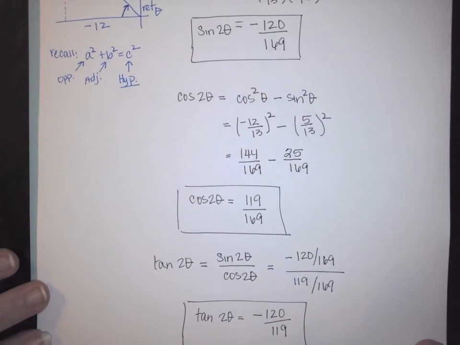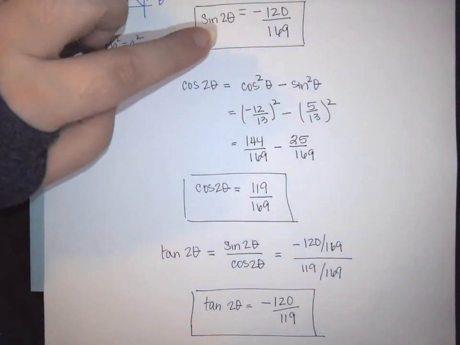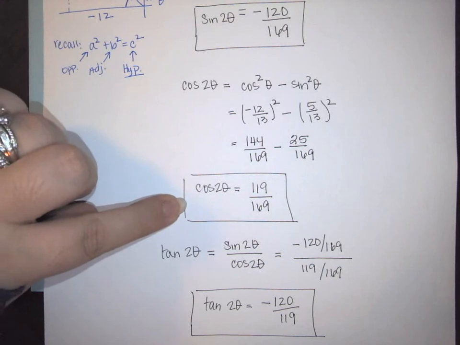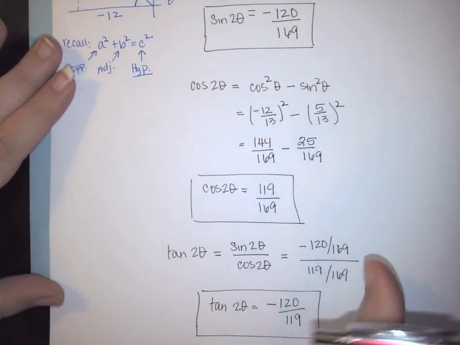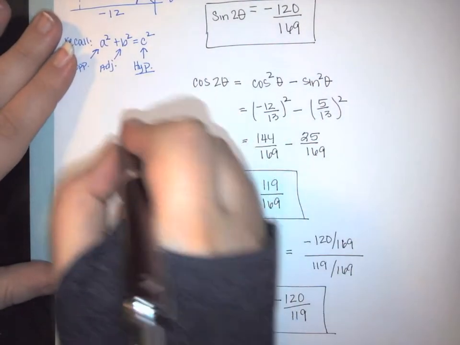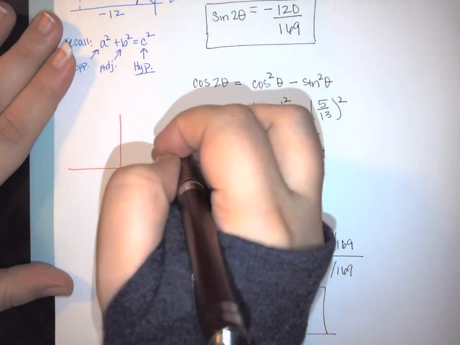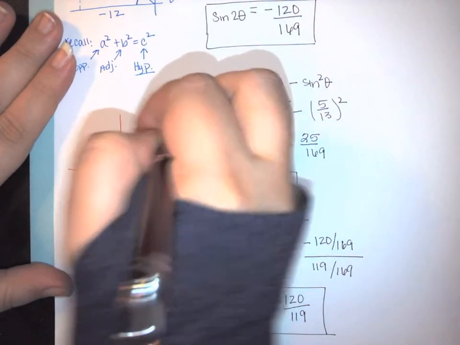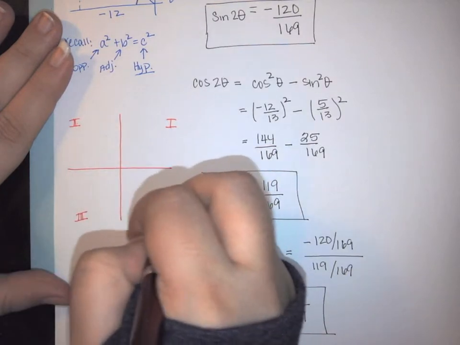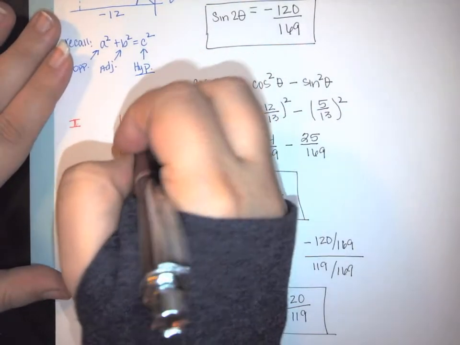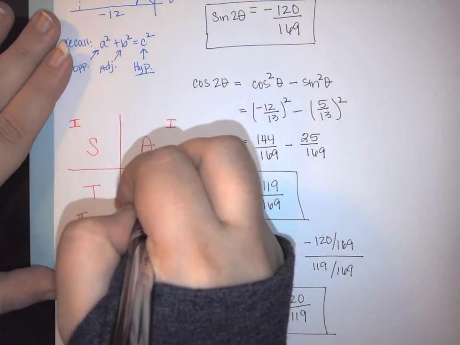Now, the last thing I have to do is figure out the quadrant this lies in. So take a look at the signs. I have my sine is negative, my cosine is positive, my tangent is negative. This is where you have to remember this really cool saying when you look at your quadrants, so we have that this is 1, 2, 3, 4. We have a saying that says all students take calculus.